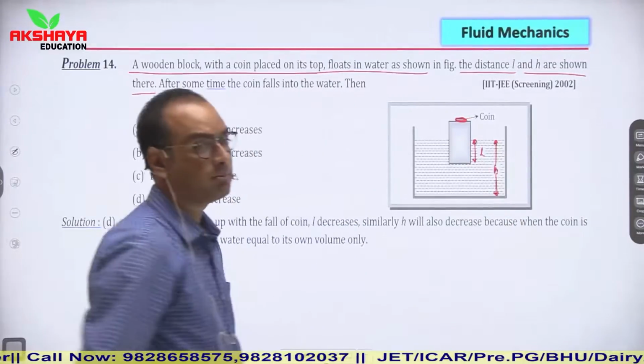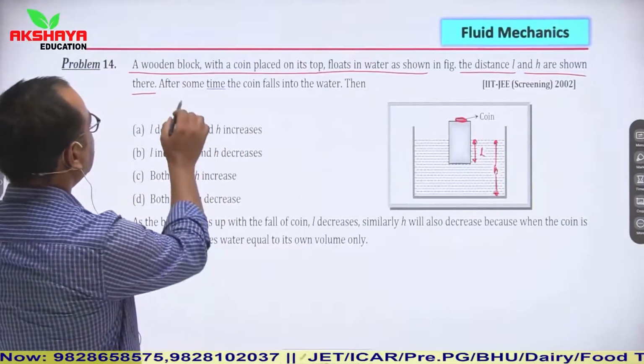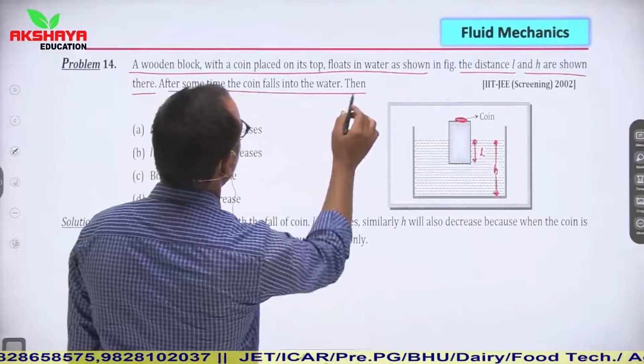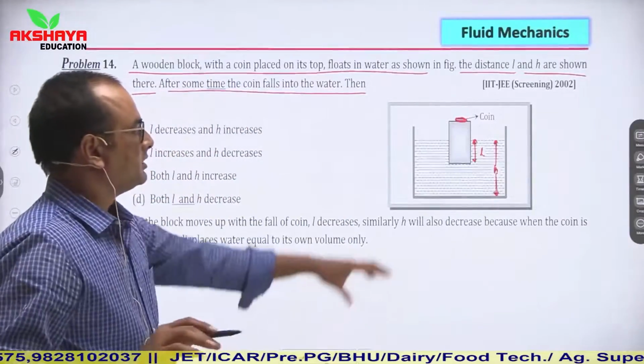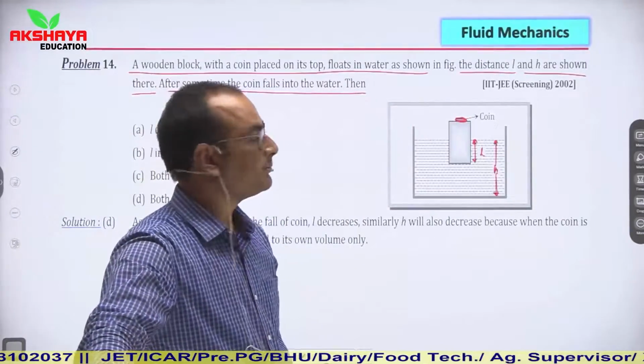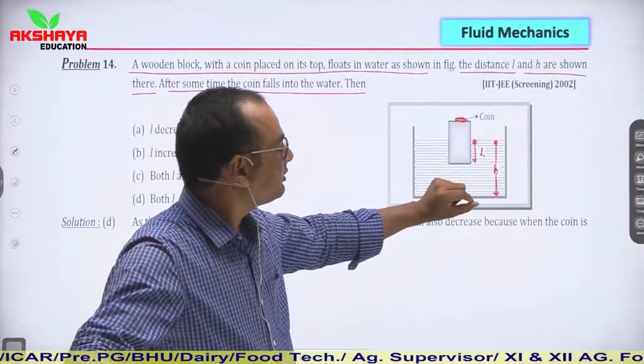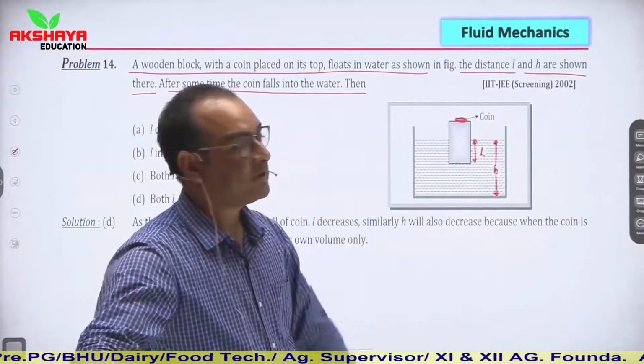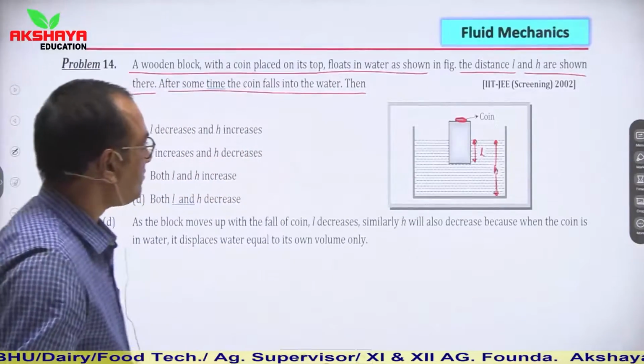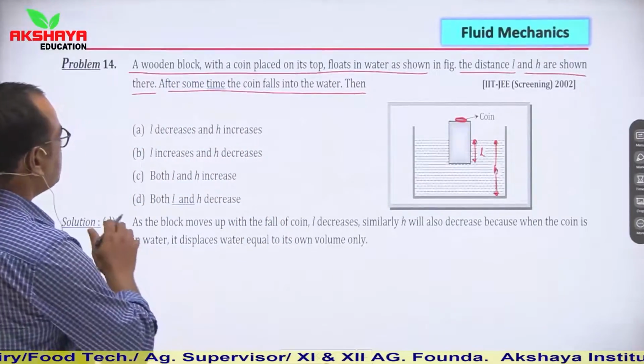After some time, the coin falls into the water. We are given the length of this block inside the water and the length of this block from the bottom of the container. So what are our options?